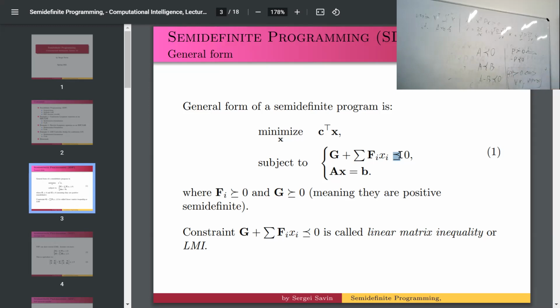Let's say minus P is negative semi-definite, okay? That implies this is less than or equal to 0, right? From the definition again. It's correct?